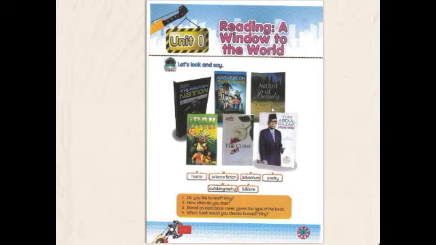Which genre is it? It is poetry. Great. For number 4, the book titled Iban Stone. Which genre is it? It is folklore. For number 5, the book titled The Curse.